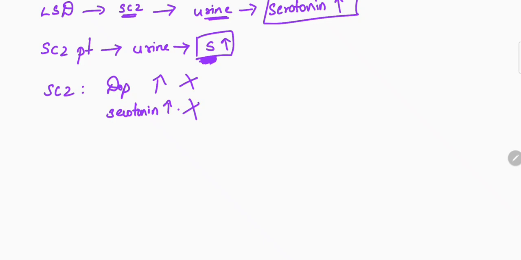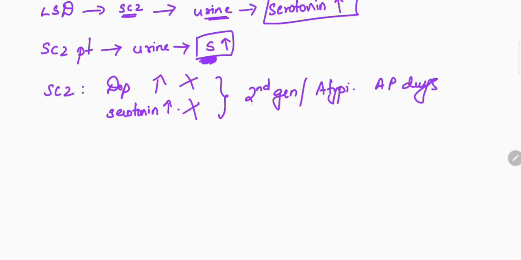Now, what we did is we made new drugs which not only blocked the dopamine but blocked serotonin also. Such drugs are called atypical antipsychotic drugs or second generation antipsychotic drugs. Why do we say second generation?